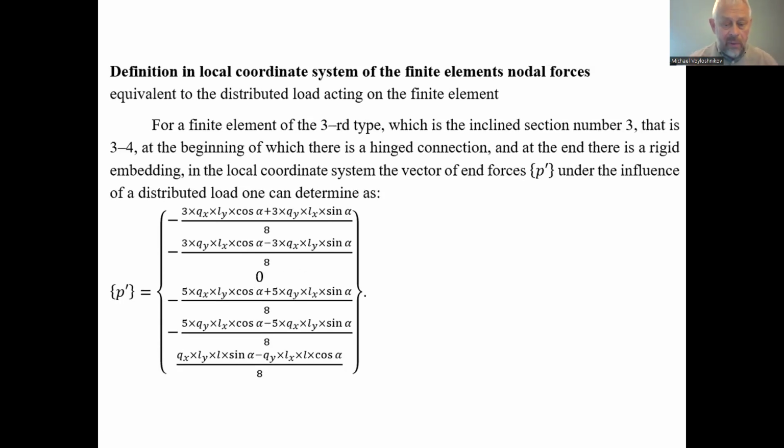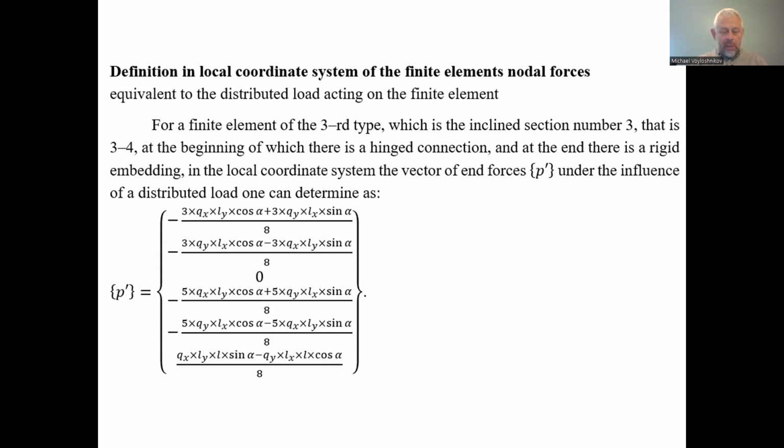So the third type of finite element, the same, they have the standard decision, the formulas for how to find the equivalent node reactions applied to the end of the finite element if we have a distributed load assigned to the finite element. We have a distributed load assigned to the horizontal bar between node 2 and node 3 of the statically indefinable mechanical system which is under our consideration.